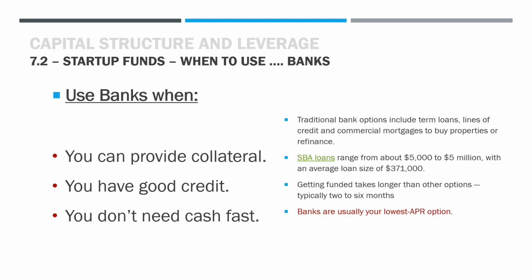One of the options, SBA loans. SBA loan average size is about 371,000, probably a little more than that now, now that we have all the PPP and EIDLs that are out there from the pandemic. Getting funded takes a while.